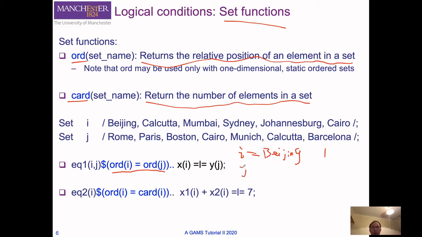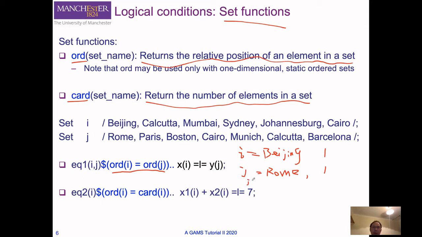If J is equal to Rome, the relative position of this element is also equal to 1 inside J, so this logical condition is satisfied, is true, then this constraint is imposed.